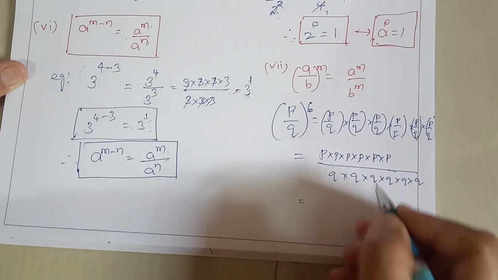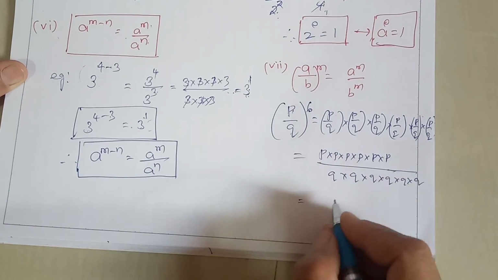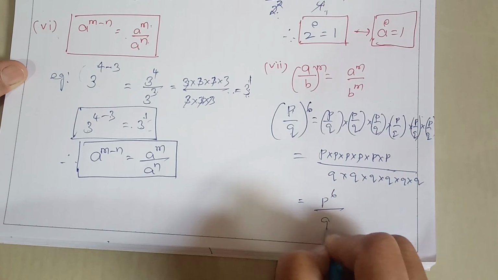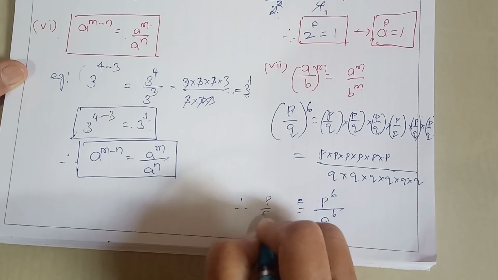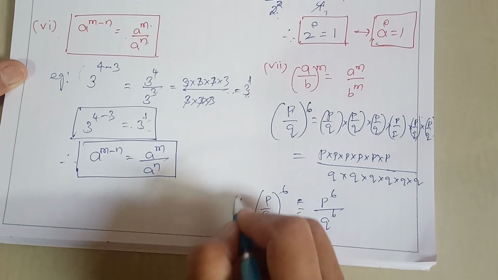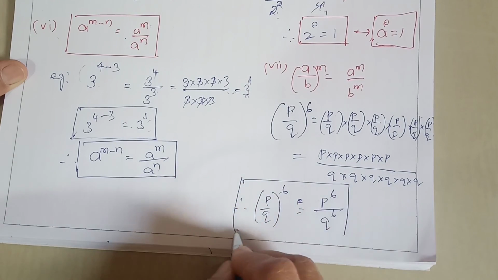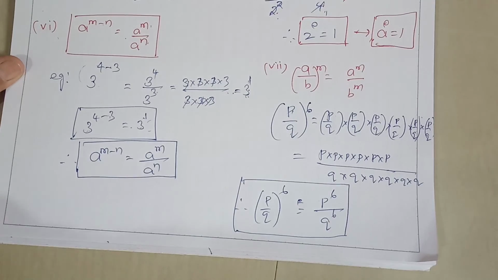What does it give? p to the power 6 by q to the power 6. Therefore, p by q whole to the power of 6 is equal to p to the power 6 by q to the power 6.